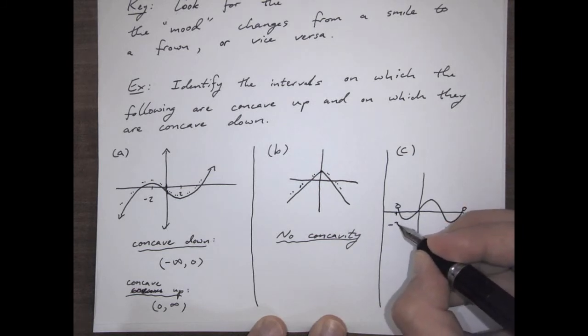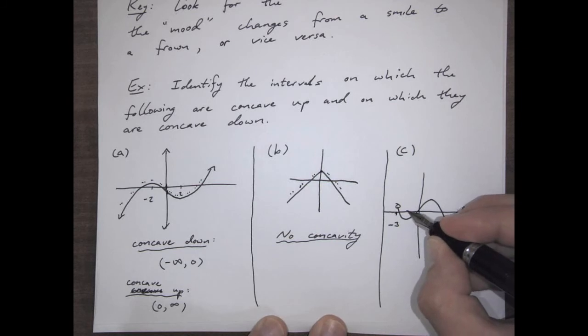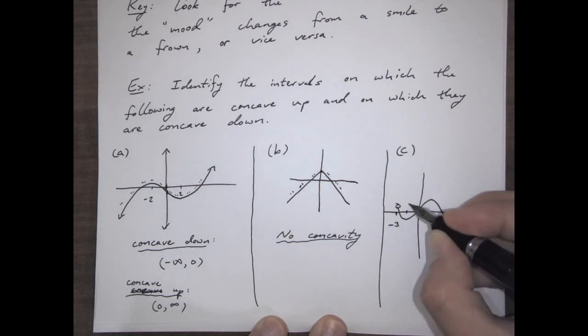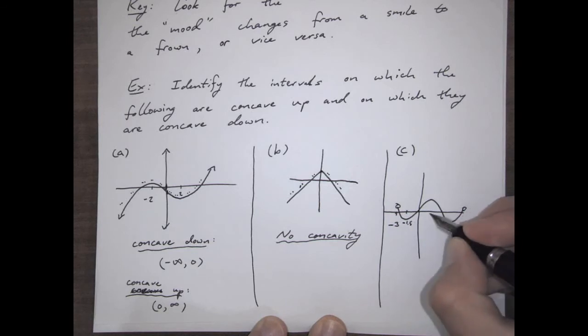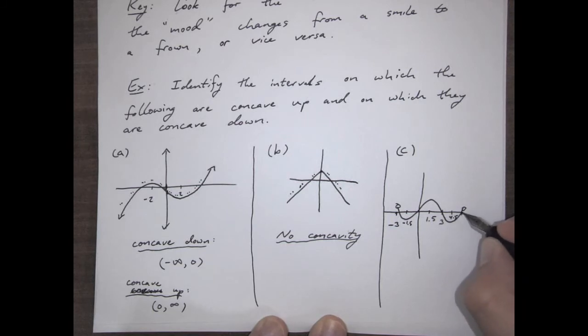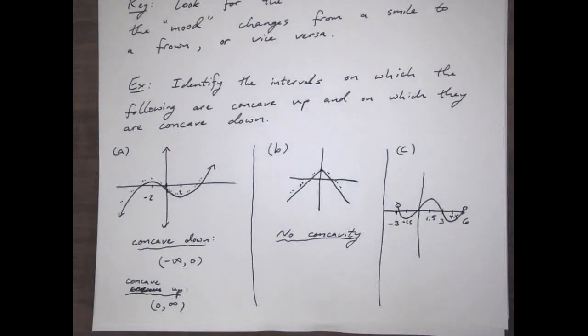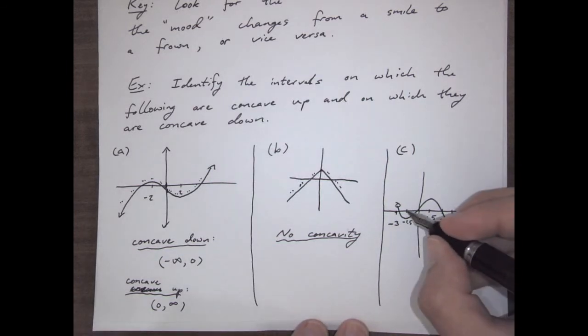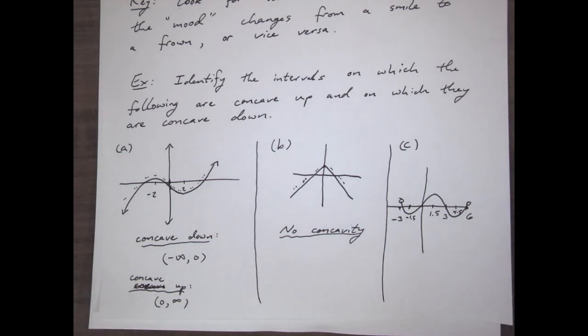Let's call this -3, 0, -1.5, +1.5, positive 3, 4.5, and then here we're at positive 6. And again, we're not even going to bother writing in what the y values are, because questions of intervals of this, intervals of that, are always questions that pertain to the x values. So these are purely x values that we are interested in.